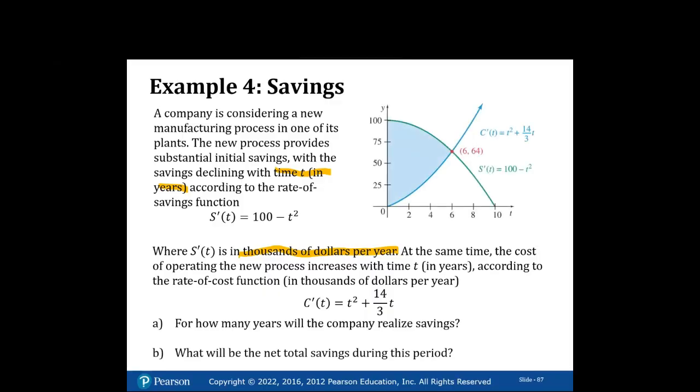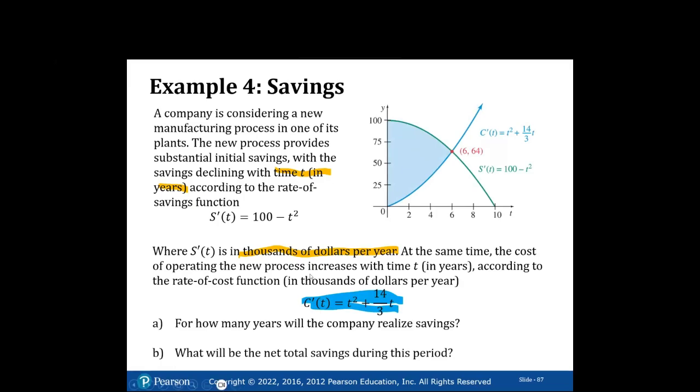So if we draw a sketch here, we see that C prime of t, our cost, is the blue curve. Then we get that on the graph, and you can see cost is going up over time.